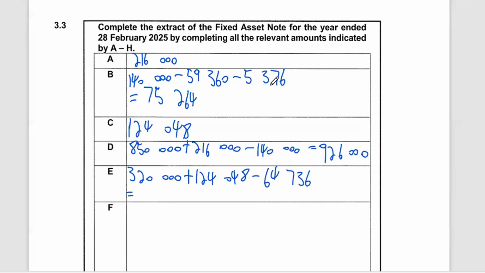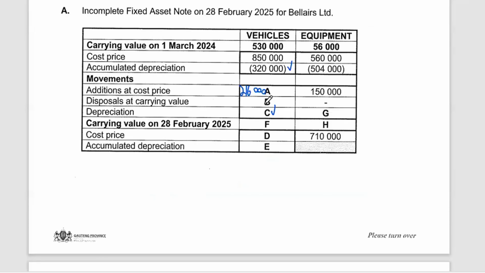So 320,000 plus 124,048 minus 64,736. We get our answer, which is 379,312. Then F, it's our carrying value at the end.